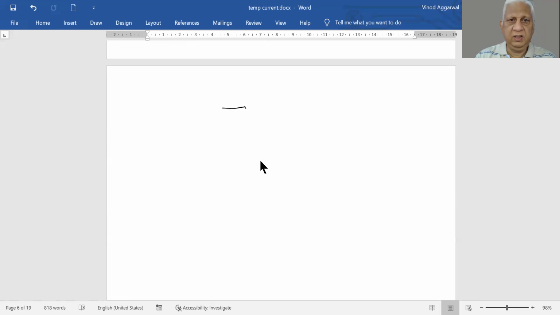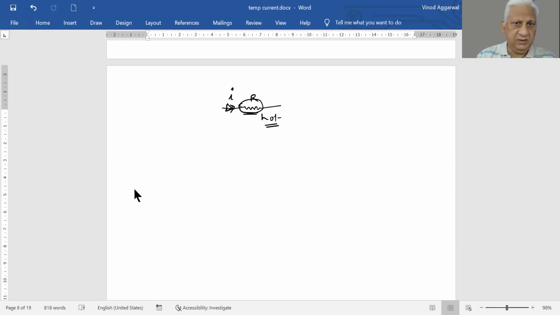Now, if a current is flowing through a resistor, you will notice that the resistor becomes hot. Why does it become hot? Because the current flowing through it gets converted to heat energy. What is the relationship?